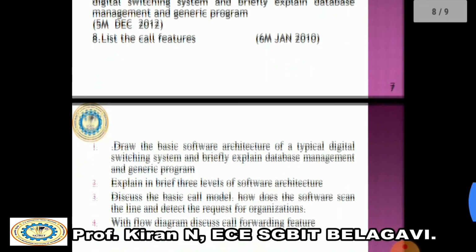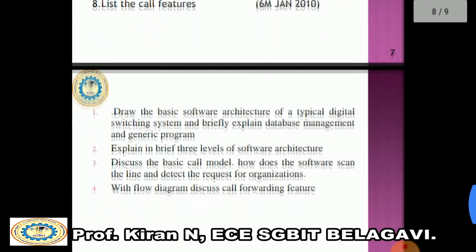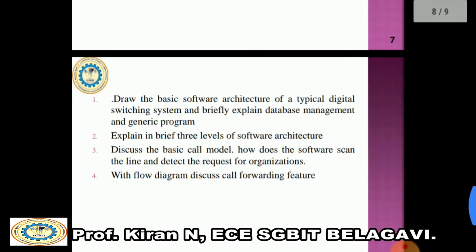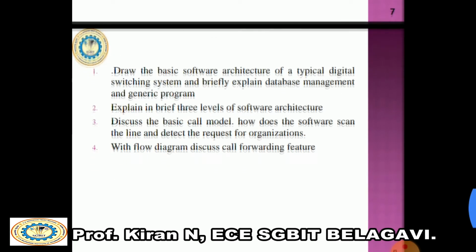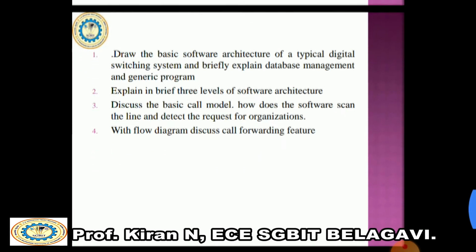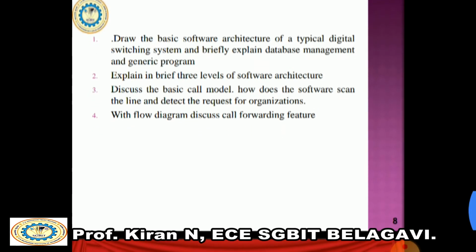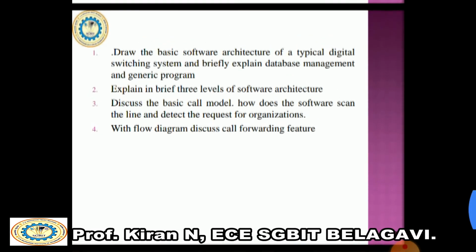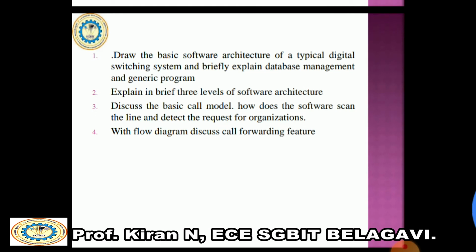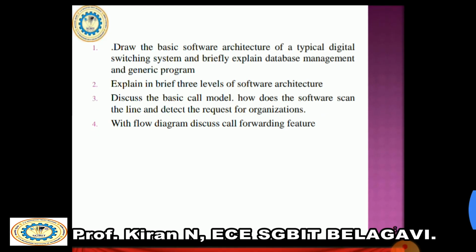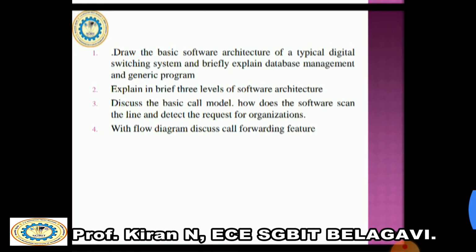Now, here are some important questions. Here we are concentrating on 3 levels of software architecture. We explain the software linkage during a call with a neat diagram, then the basic software architecture, the basic call model, and some of the flow diagrams discussed for call forwarding features.